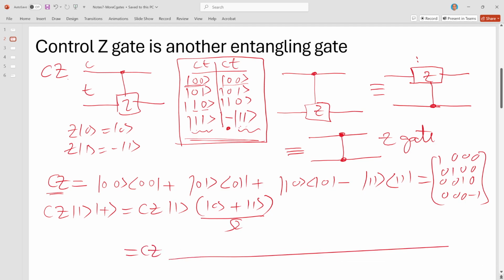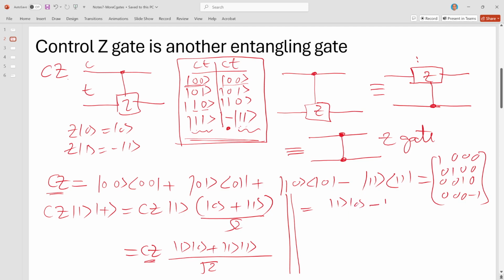Even before applying, let me just combine all states: 1 0 plus 1 1. Now when control Z applies here, we get 1 0 as it is, but the other state comes out with the minus sign. And now if I take 1 common from the left, I'm left with 0 minus 1 over square root 2, which we call minus state. So it means 1 plus state goes to 1 minus state.